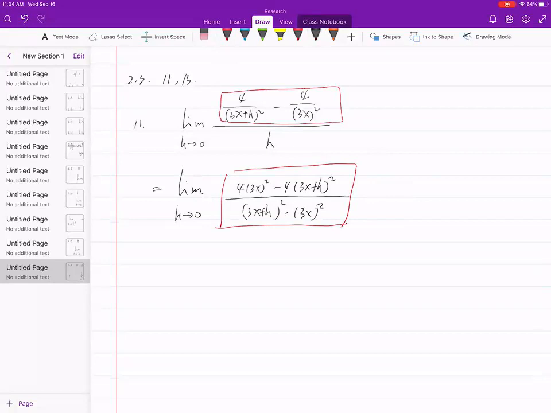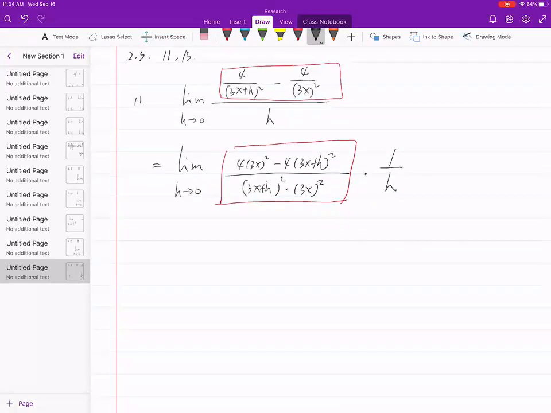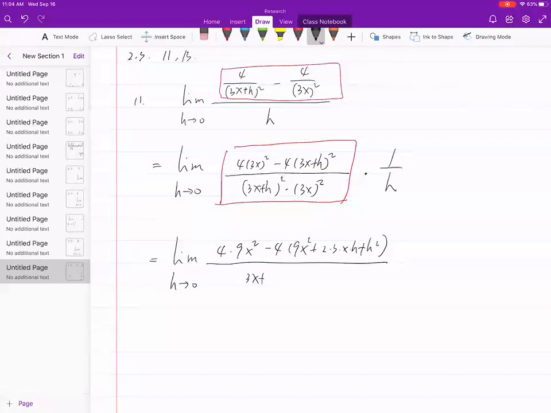So let's change it to be times 1 over h, which is the same. For the rest, we want to produce an h on the top, which means we have to cancel terms. We need to FOIL everything out. That's how we FOIL a perfect square out. Keep the bottom, times 1 over h.